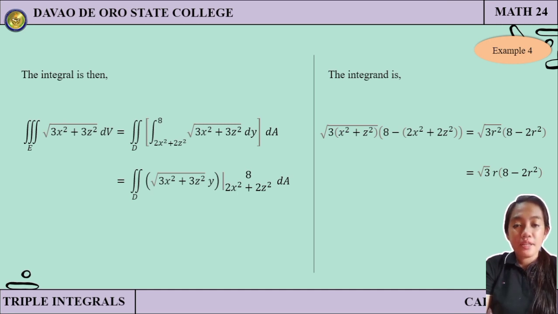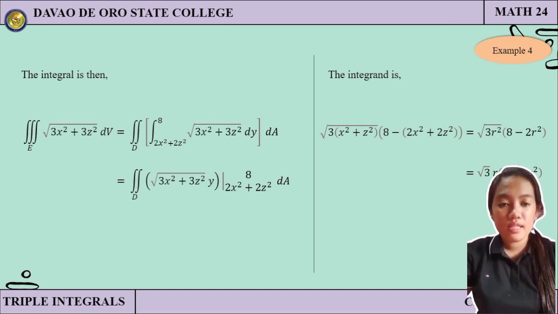With this in hand, we can arrive at the limits of the variables that we'll need for this integral. 2x squared plus 2z squared is less than or equal to y, less than or equal to 8, then 0 is less than or equal to r, less than or equal to 2, then 0 is less than or equal to theta, less than or equal to 2 pi.